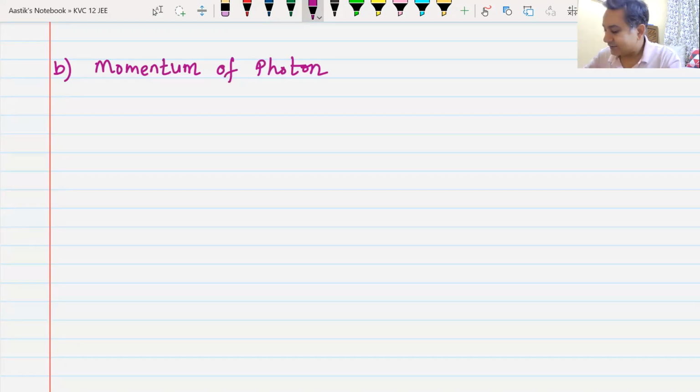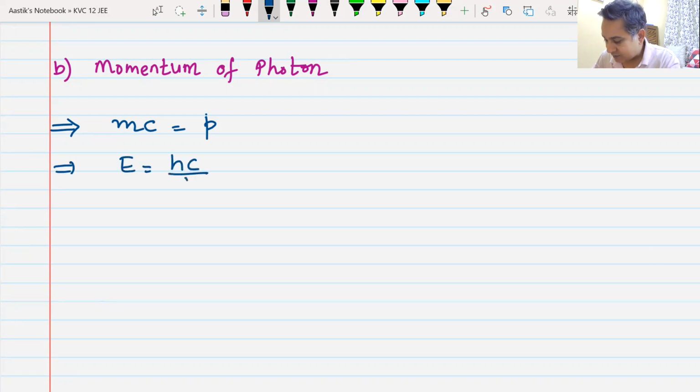Well done. So to find out the momentum of a photon, we must multiply the mass of the photon with C. M into C, that will be the momentum of the photon, P. And how will you find out the momentum of the photon? Now remember, every photon has an energy. That is hc by lambda.